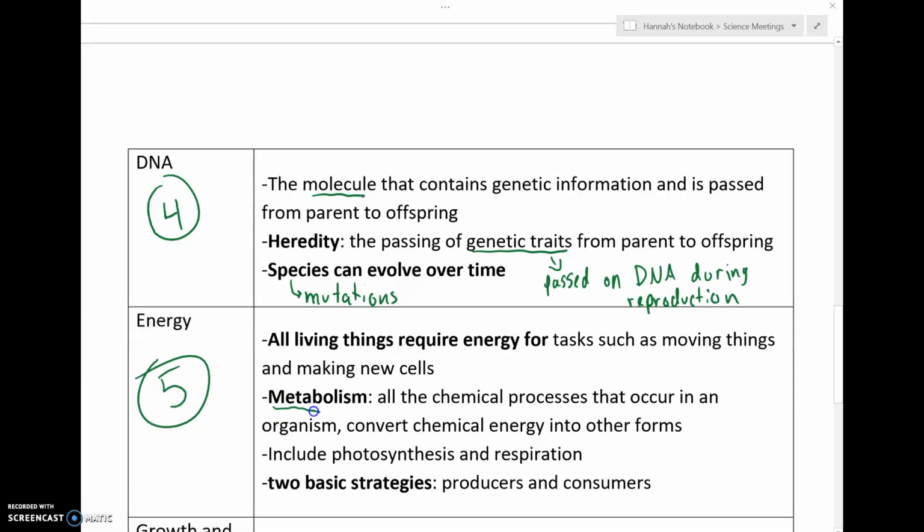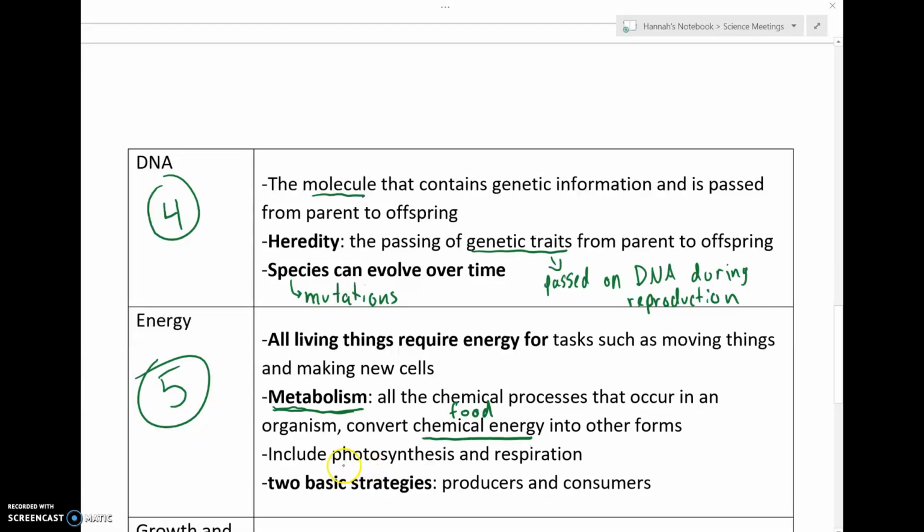So your metabolism, which is a word you've probably heard before, but maybe never knew the definition, metabolism is all the chemical processes that occur in an organism that are converting chemical energy, like from food, into other forms of energy, usable energy that allows your body to move and perform homeostasis.